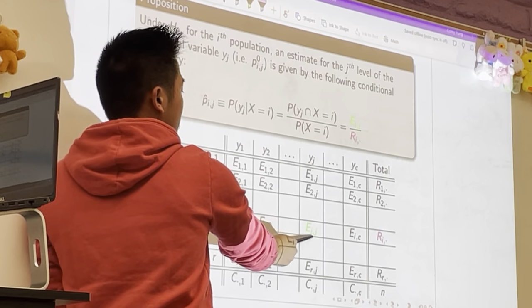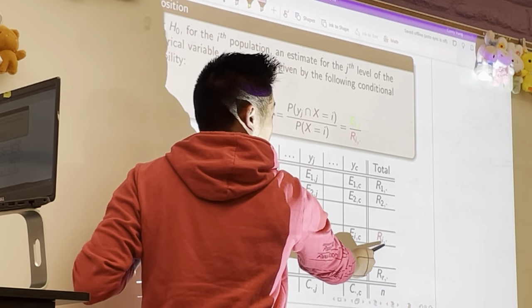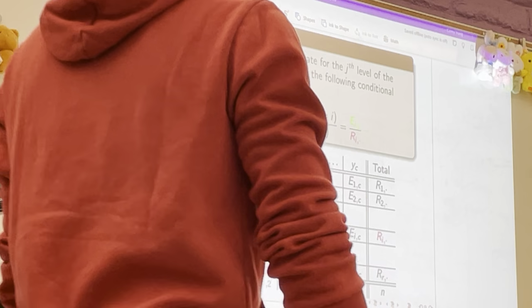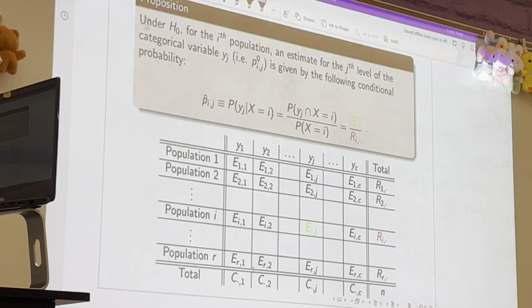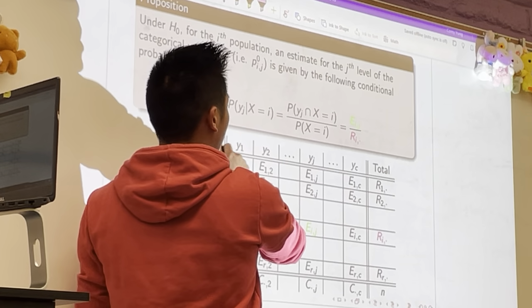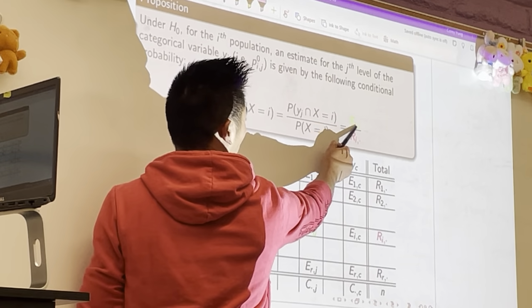This is just an estimate of the probability of being in this cell. Just take the count in this cell as a ratio to the sum in this population, because that's our condition. Notice the color codes; that's where I'm getting those values. But this is not the whole story, because if I'm trying to find expected counts, my estimate right here has what I'm trying to find. How can I use something that's unknown to me, what I'm trying to find, in this formula? So we're not all the way there yet.